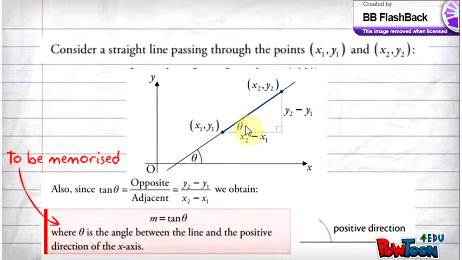So another way of expressing the gradient of this line is to say that the gradient m equals the tan of the angle the line makes with the positive x direction. So it's from here round to the angle theta. And again, that's another formula to memorise and use in the higher maths course.